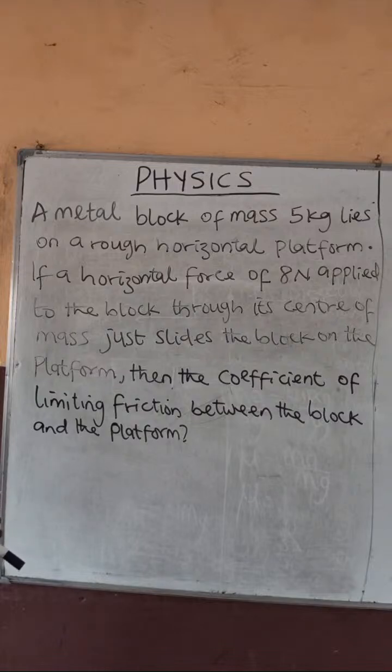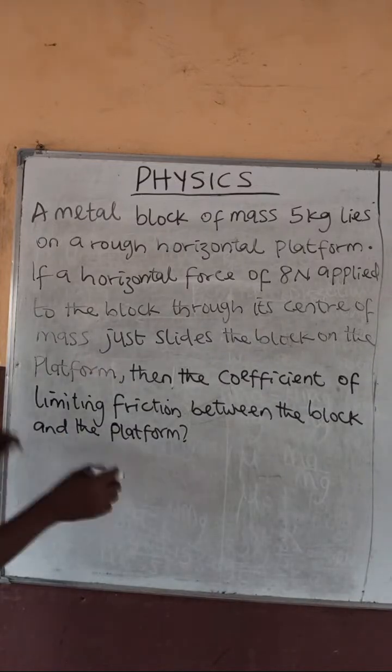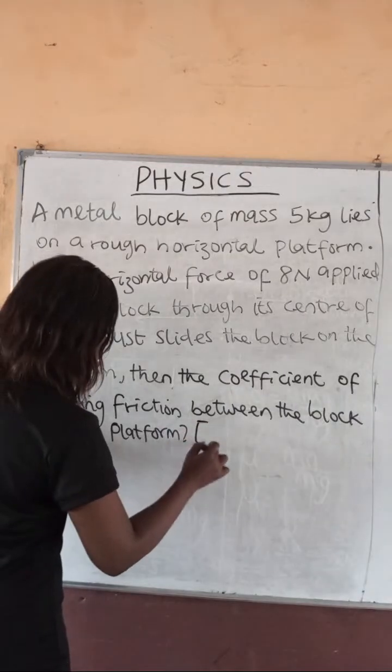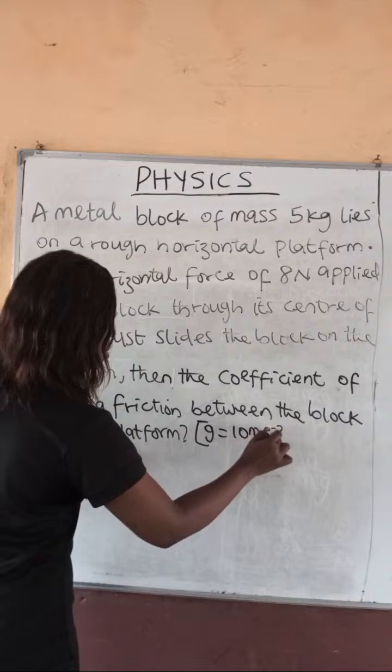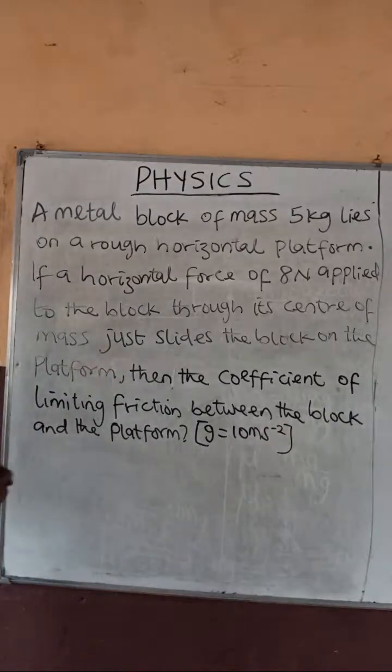Then the coefficient of the limiting friction between the block and the platform is dash. Now in this question, you should make use of g to be 10 meters per second square.